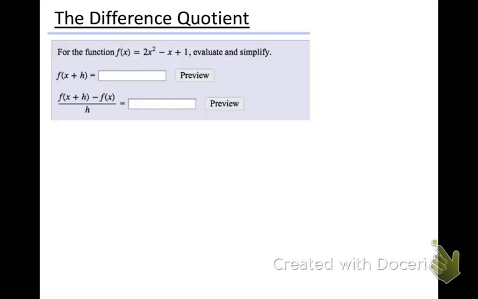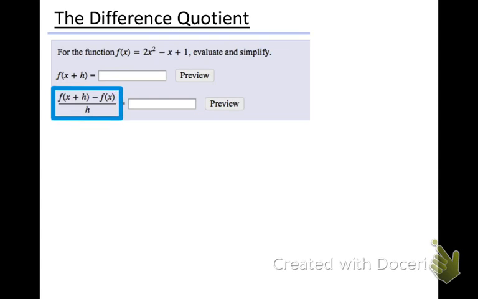All right, now, function composition leads us into what's called the difference quotient. The difference quotient will become important in pre-calculus and super important when you get to calculus or business calculus. The difference quotient is this right here.